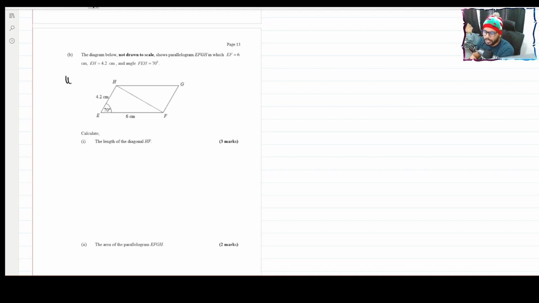So I'm going to label my diagram. This is going to be little e, this is going to be little h, and this is going to be little f.